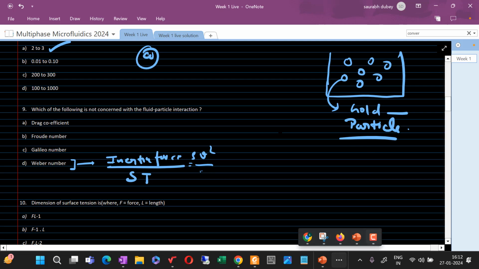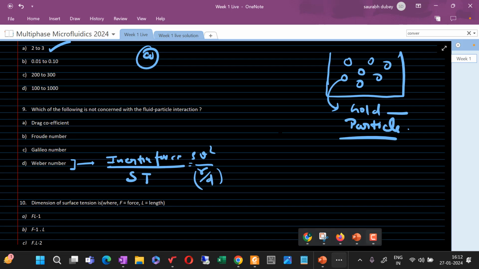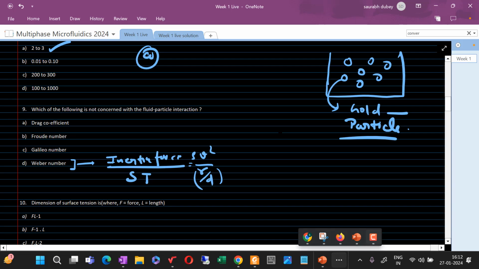Sigma is the surface tension. Sometimes we write it gamma by d. This involves fluid particle interaction, meaning the behavior of the fluid at the wall.